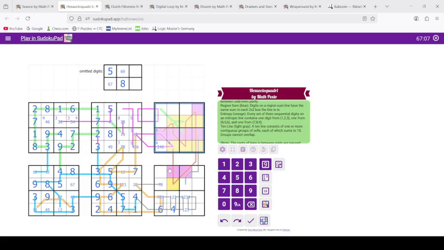So if this was 1, 2, 4, and that was 1, 2, then 3 would have to be missing from here.